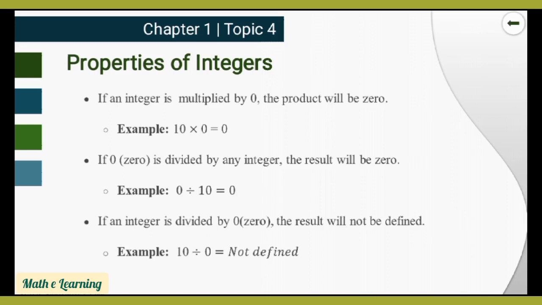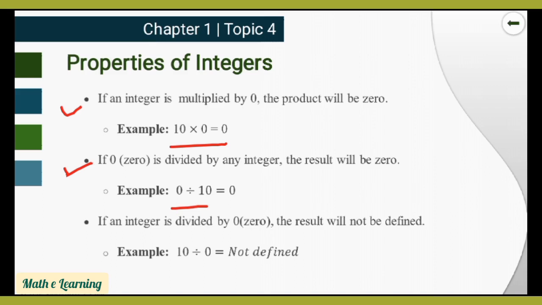Some more facts about integers are given here, and first is, if an integer is multiplied by 0, the product will be 0, as we have seen in the previous example. Then if 0 is divided by any integer, the result will be 0.